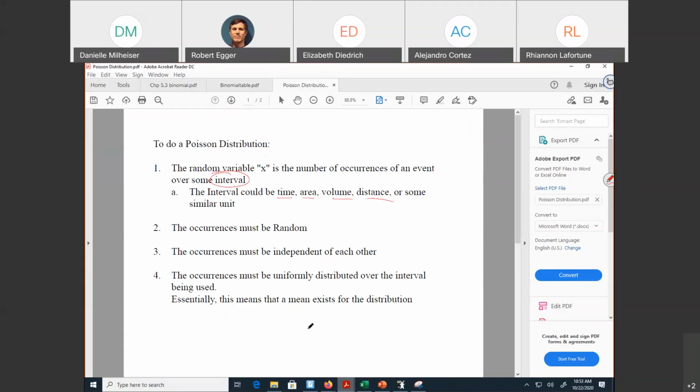We can possibly do a Poisson interval. All right. Events must be random, as before. They must be independent of each other, and the occurrence must be uniformly distributed over the interval being used. Essentially, this means that a mean exists for the distribution. And it's best to show that with an example.